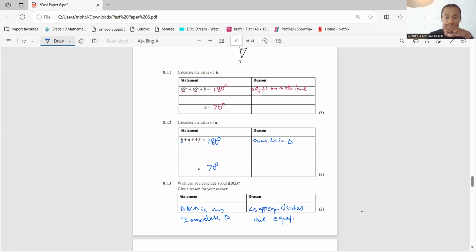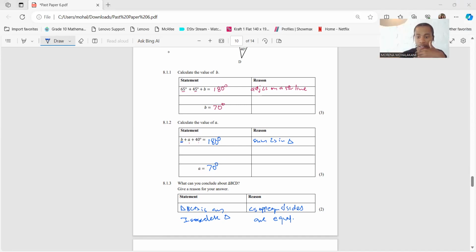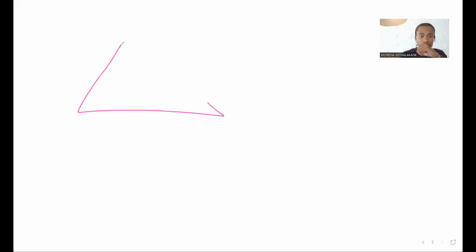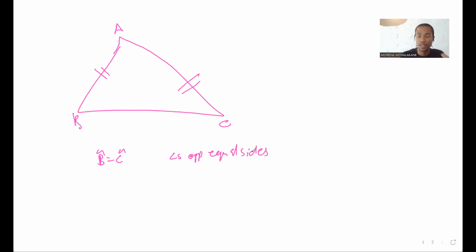When you are given a reason for a conclusion about a triangle, normally this is what happens. If I have A, B, C and you say B equals C, your reason is angles opposite equal sides. That's what you use.